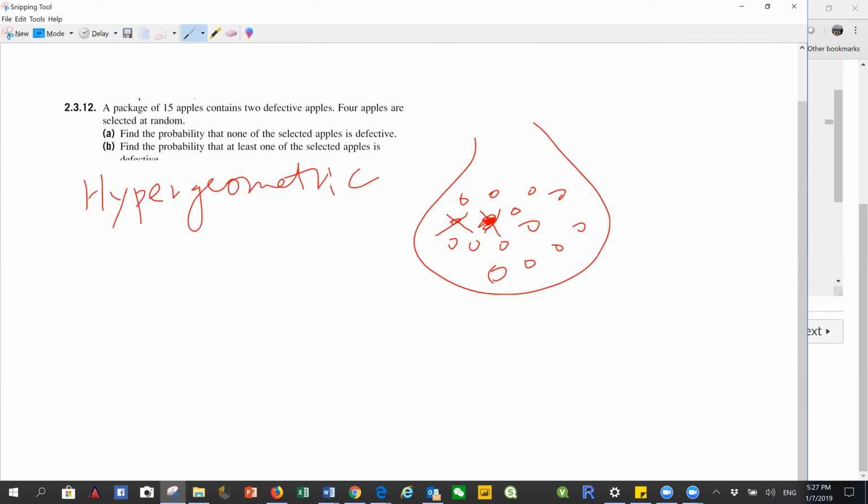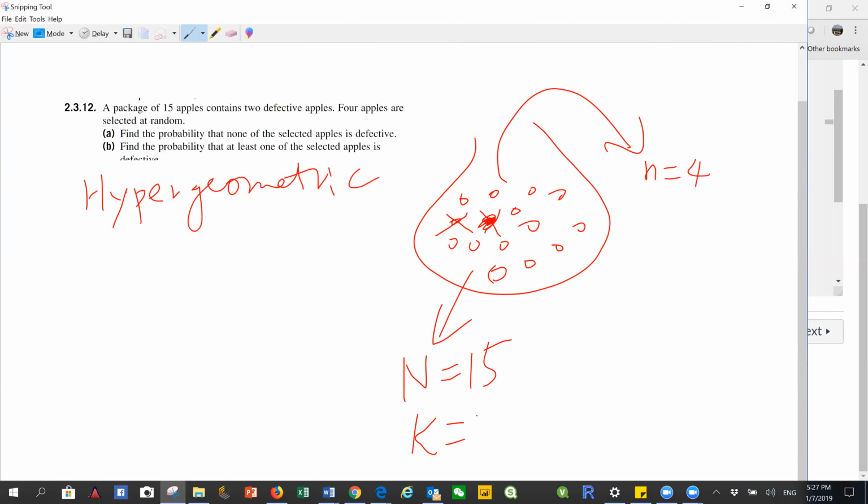So out of the 15, there are 2 bad apples, and you pick 4. You take a sample of 4. Let's say capital N stands for how many in total, and K stands for bad apples, and you choose a sample to see how many are defective.